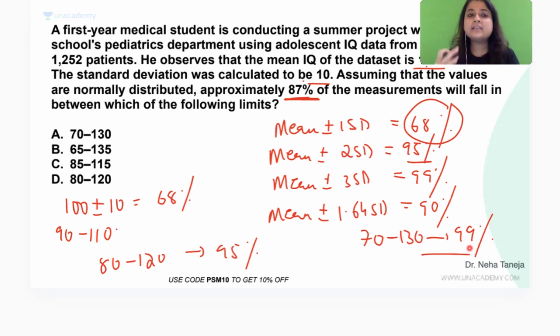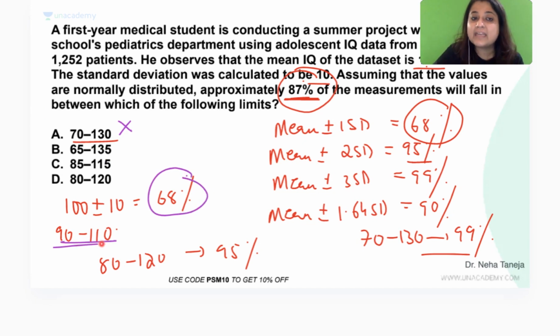Everybody agrees. Now what is the trick to solve this question? For 87%, can 70 to 130 be the answer? Of course not, because that is 99%. Can 65 to 135 be the answer? When 68% is between 90 to 110, anything like 65 to 135 is wrong, it's beyond that. What about 80 to 120?